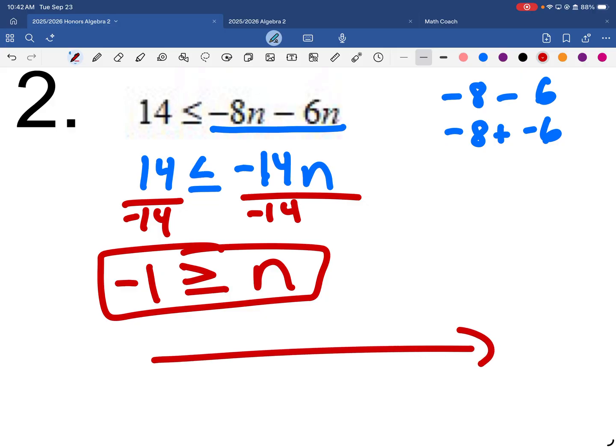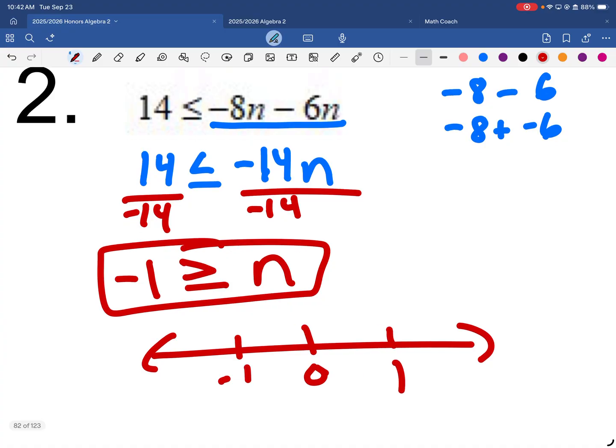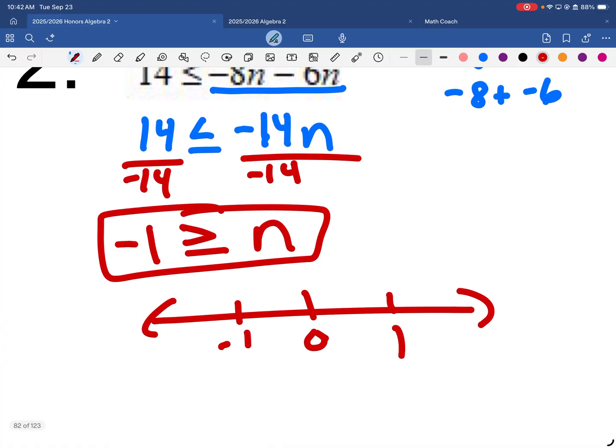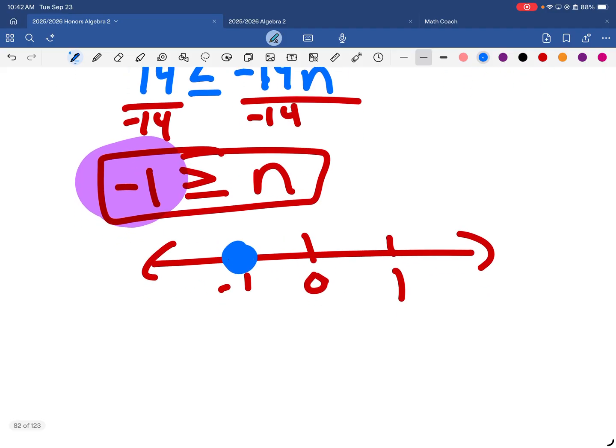The second part of our solution is we need to graph it. 0, negative 1, and 1. I use negative 1 as my number because that's the only number that I have left sitting there. Open or closed? Okay, this is going to be closed because it can equal it. And this is where people tend to have a bit of a problem.